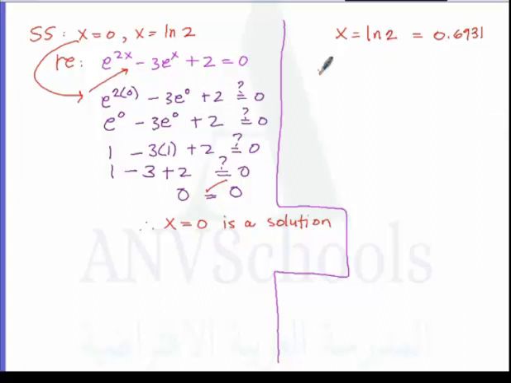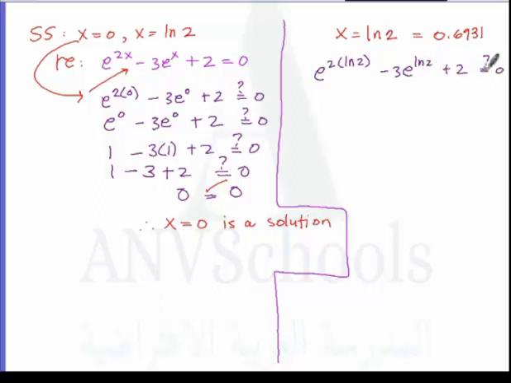So this will give me e raised to 2 ln of 2 minus 3e raised to ln of 2 plus 2, is it equal to 0?